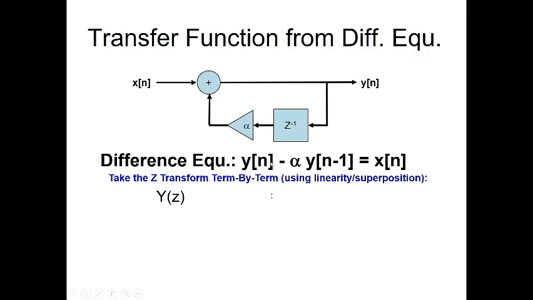And so y of n transforms over to Y of z. Y of n minus 1 transforms over to Y of z for the y of n part. The n minus 1 part, the time shift part, is z to the minus 1, and the alpha comes across as a multiplier.